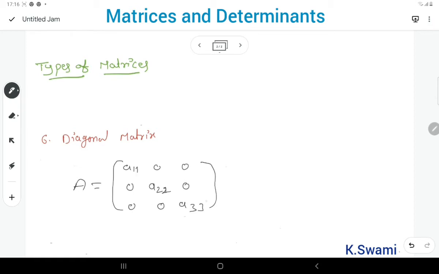So you can repeat, a square matrix means number of rows equal to number of columns, in which all elements except those in the principal diagonal are equal to 0.